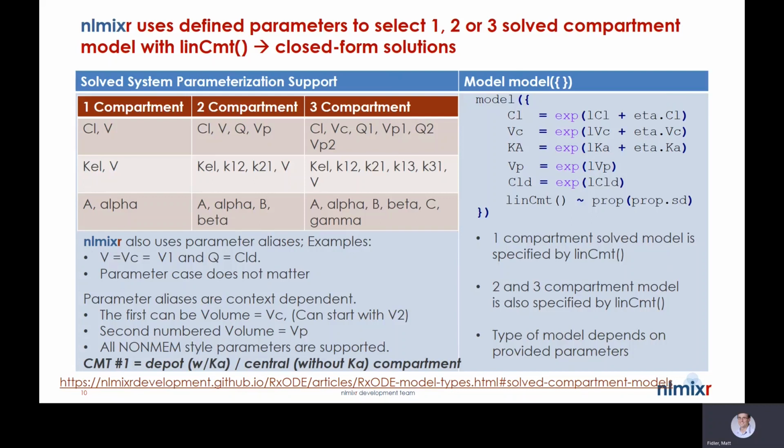For example, instead of V, you can use VC or V1 or V2, Q. The parameter case doesn't matter, and you can actually look up some tested parameter combinations that work for each of the linear compartment models. You can see at the very bottom of this slide, it has a place where you can go that shows you these different types of models.